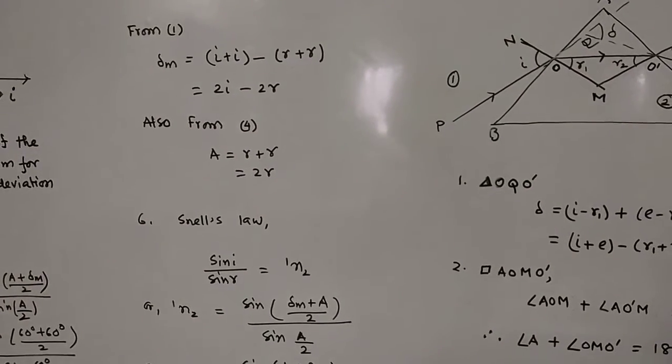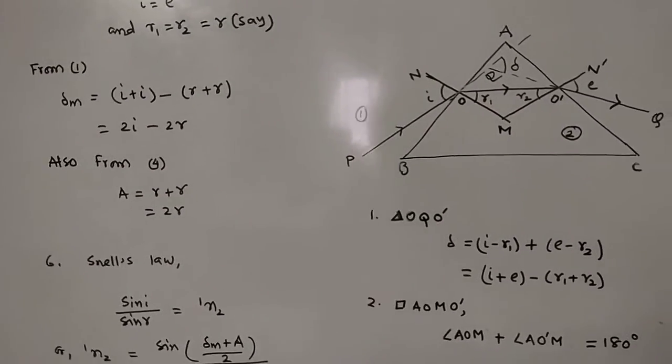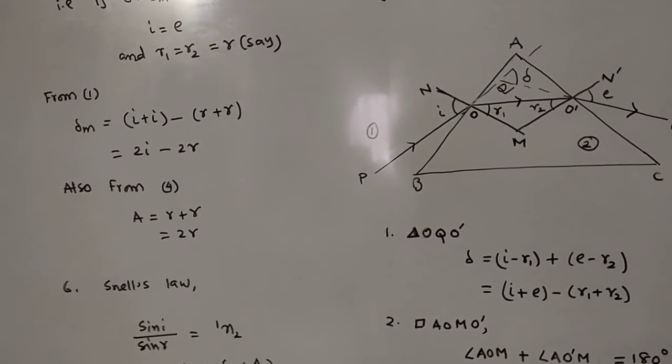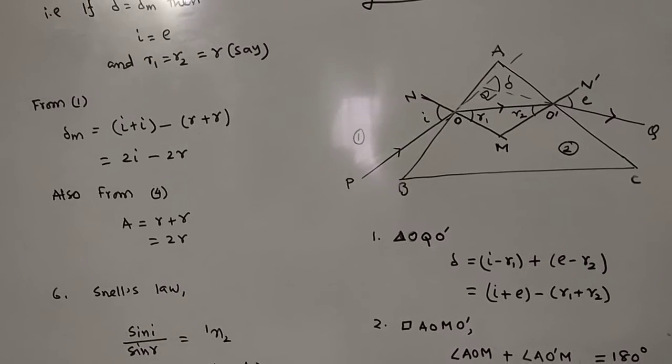Also from the final, A equal to R1 plus R2, so A equal to R plus R, that is your 2R. Now from Snell's law, sin I by sin R is nothing but your refractive index of second medium with respect to first medium.